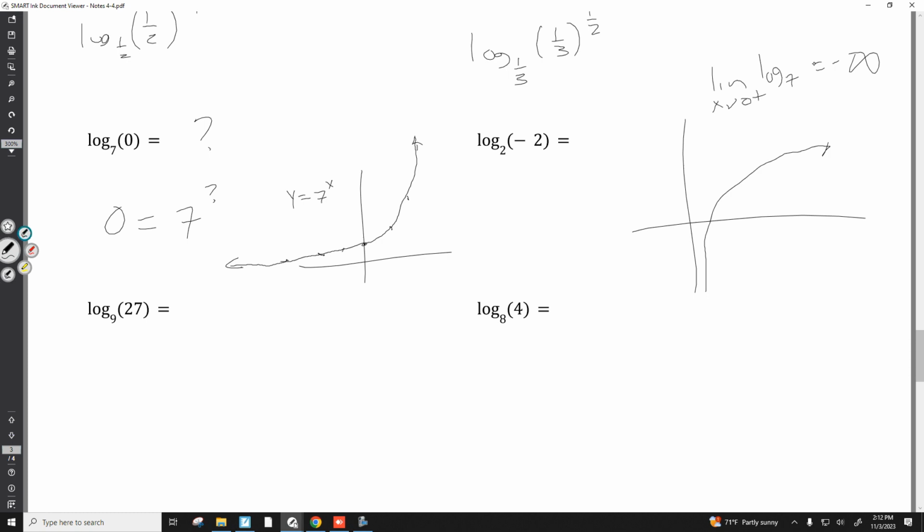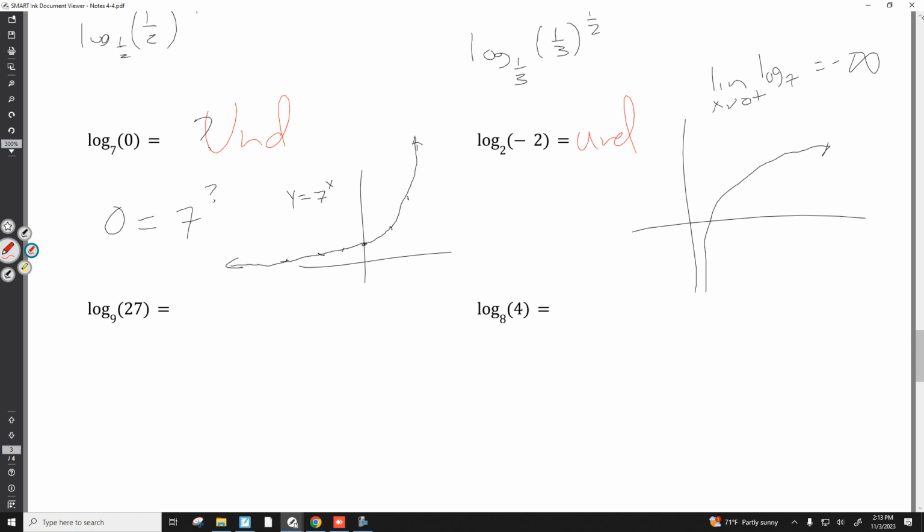Okay, so this can't happen. So there is no defined value for the log of 0. Because the y values of exponential functions are always positive, the x values you can plug into logarithmic functions can only be positive. It has to be bigger than 0.